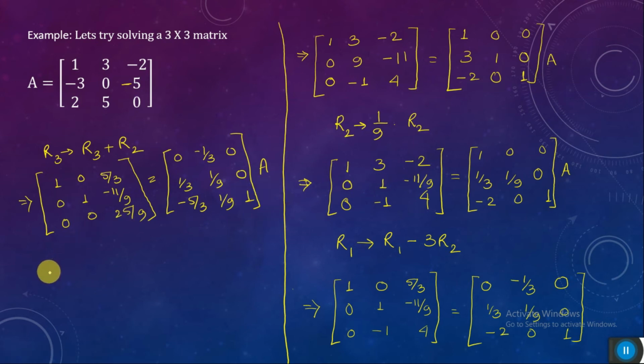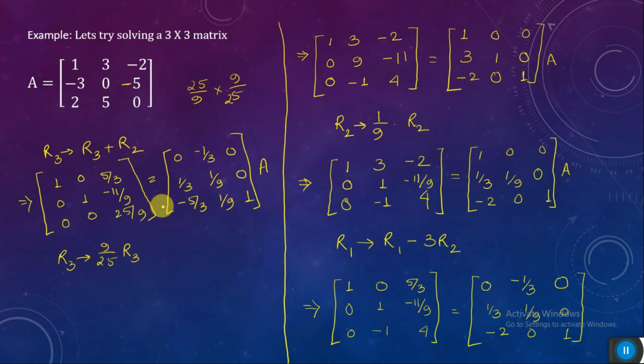So it is there. So A is there. Now I need to move in this direction. I need to multiply so that I can make it 1. So row 3 tends to 9 by 25 of row 3. See, I need to make it 1. So if I have 25 by 9, then I will multiply by 9 by 25.